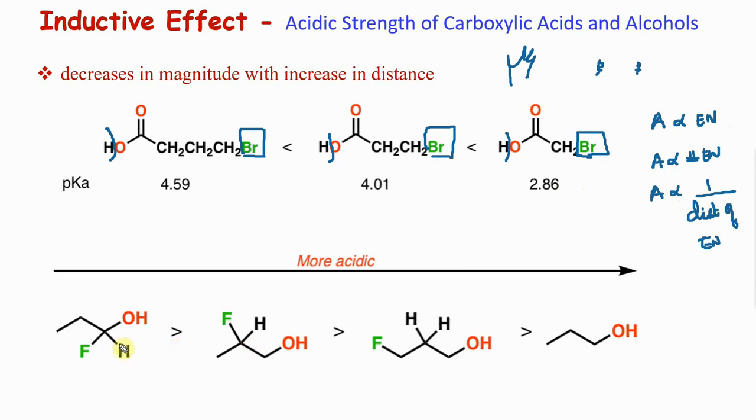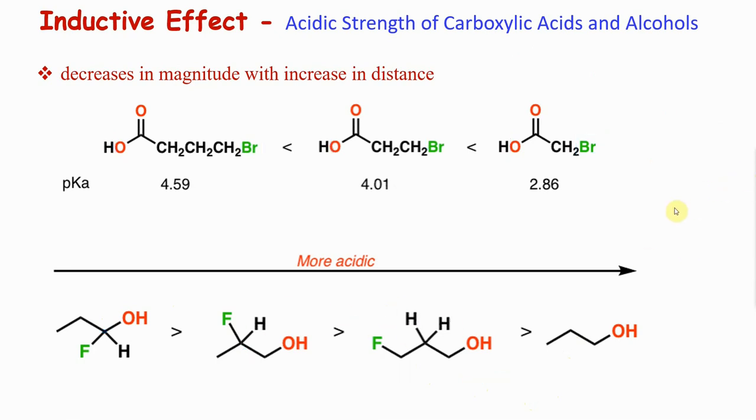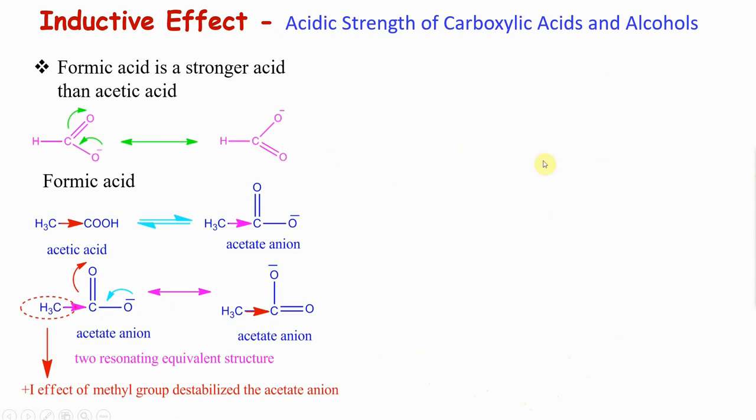Same here: fluorine is on carbon 1, this is carbon 2, this is carbon 3. But this is still better than no fluorine at all. So when comparing these, we are looking at electronegativity, and when comparing these three, we are looking at the distance of the electronegative atom.